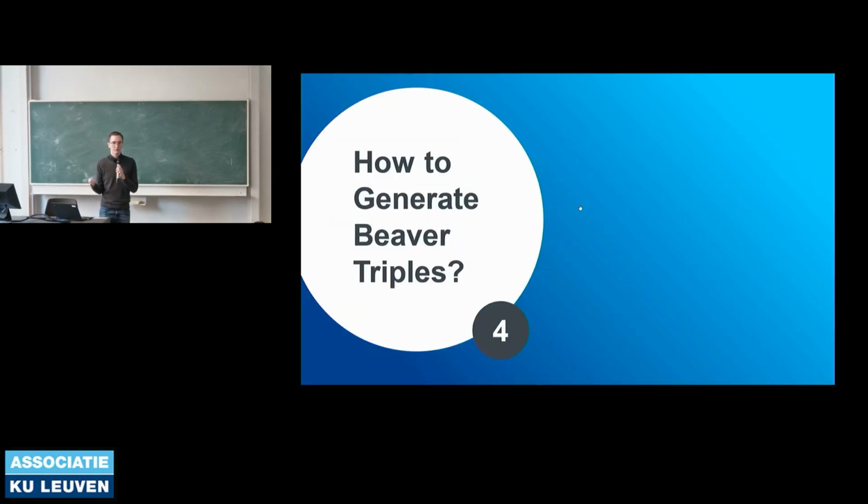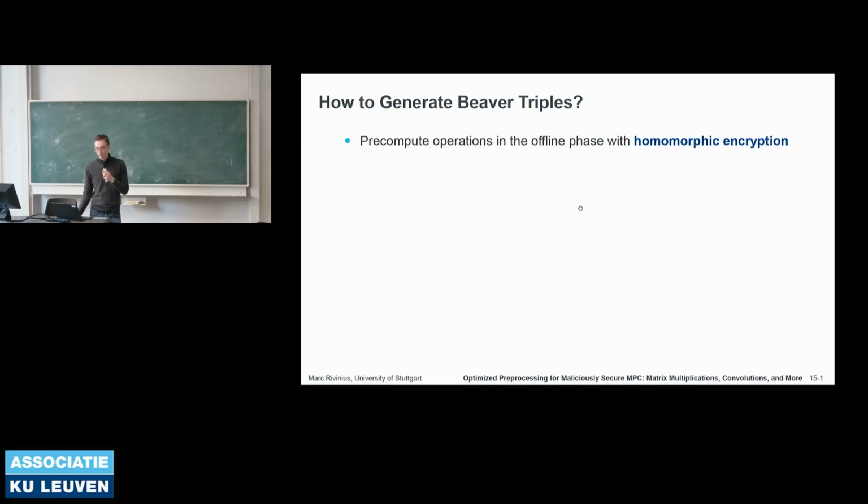The other thing is then the offline phase, where we generate these random Beaver triples. That's another thing where it's important how you do it. So the general or classical way is just to use homomorphic encryption, because in the offline phase we say that's less time critical. You can do it in advance. It doesn't depend on the inputs.